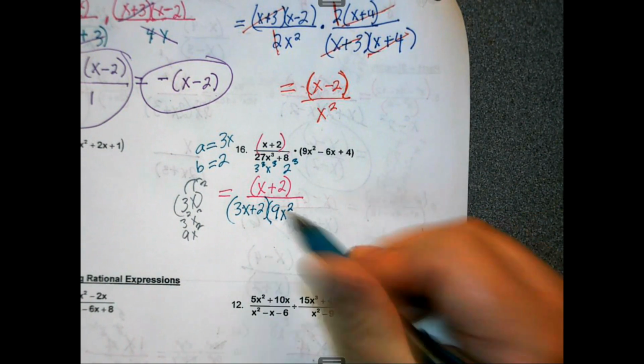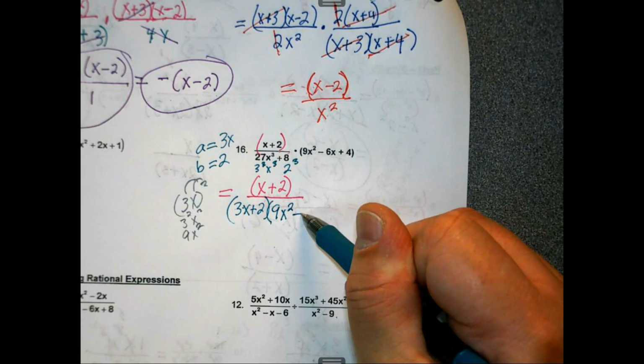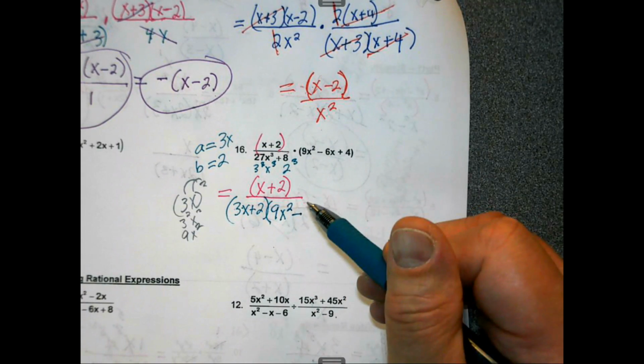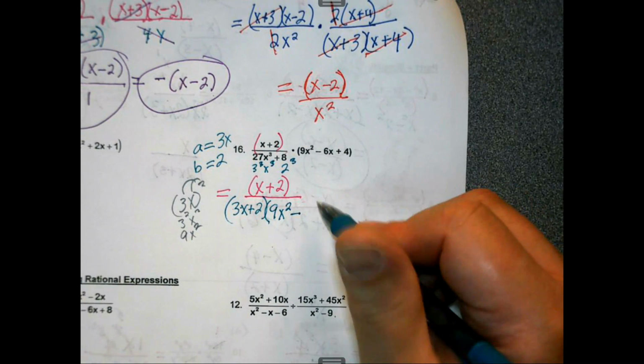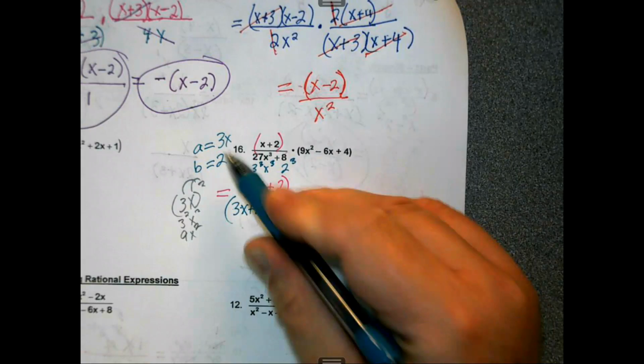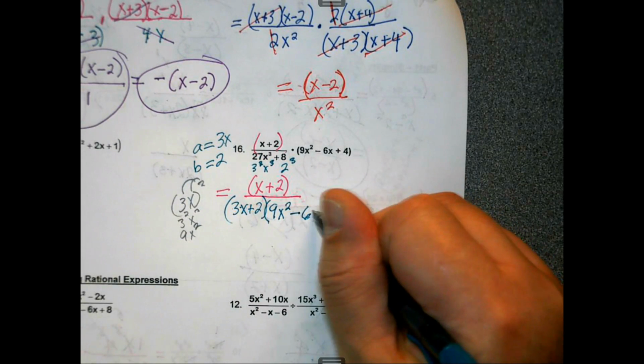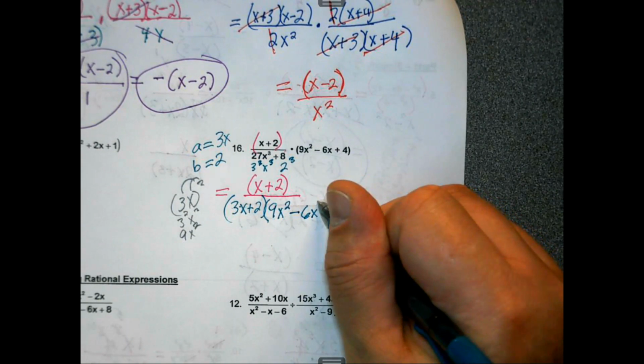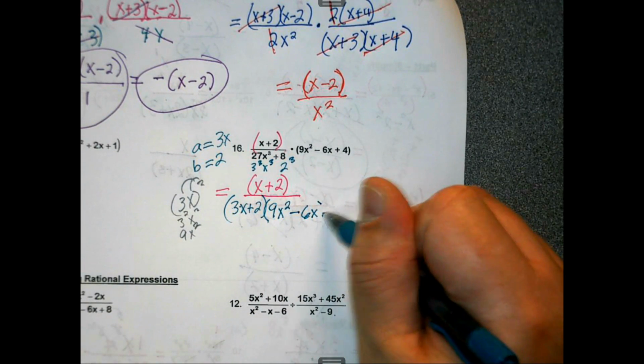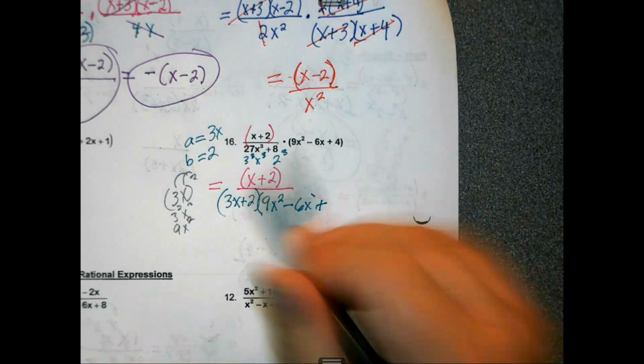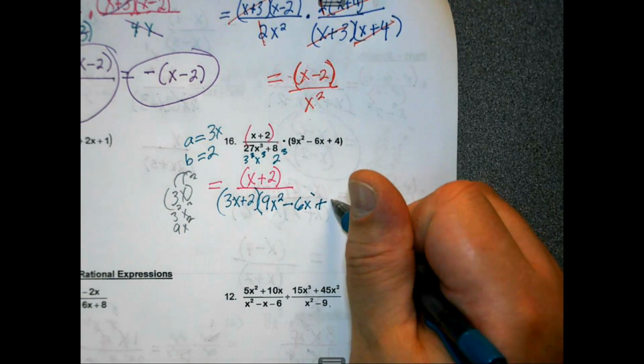Plus, nope, minus. Yep, minus a times b. 3x times 2 is 6x. Plus b squared. 2 squared is 4.